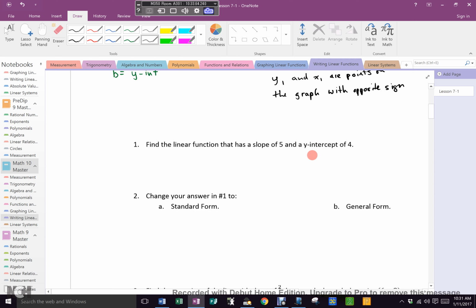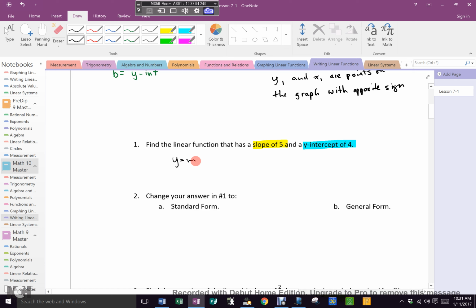So, in this first question, what do I have? I have a slope of 5 and a y-intercept of 4. So, I need an equation for that. Do I have an equation that uses slopes and y-intercepts? What is it? Slope-intercept form.